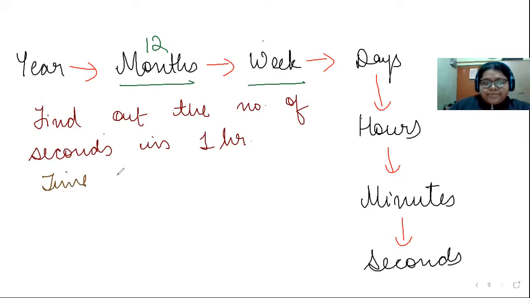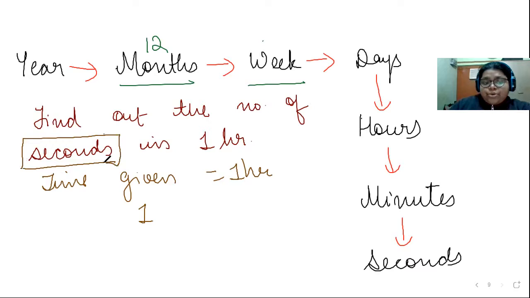Time given equals 1 hour. We have to find out the seconds, but we only know that 1 hour is equal to 60 minutes.